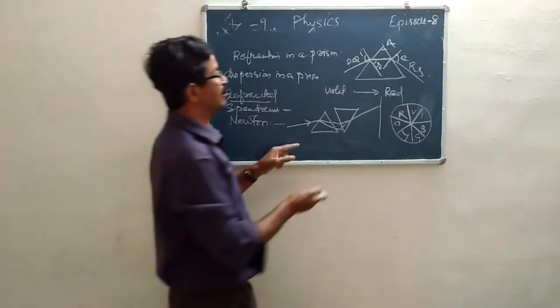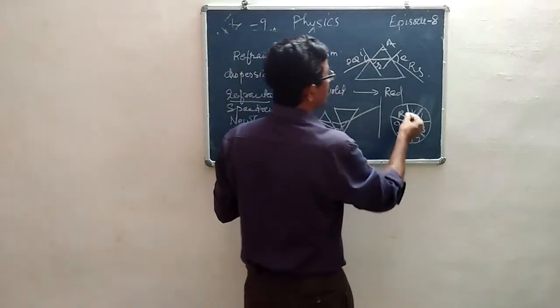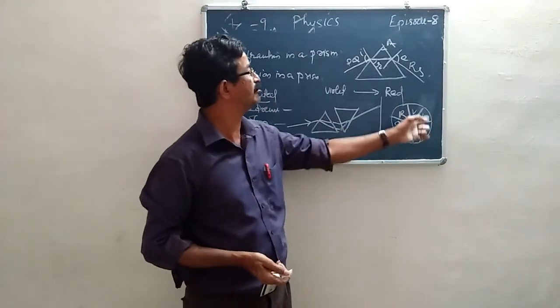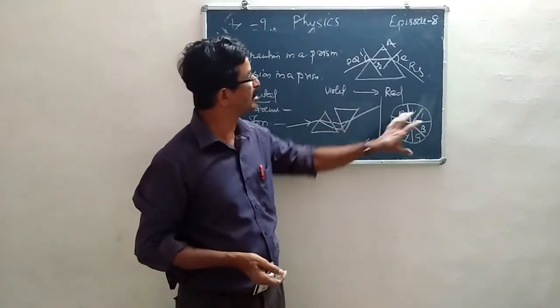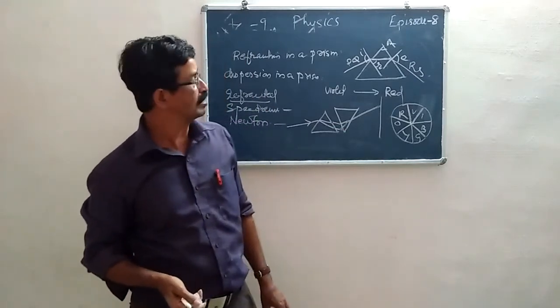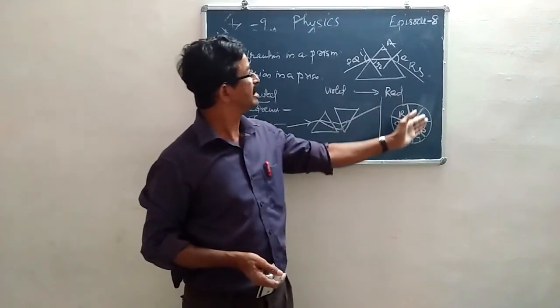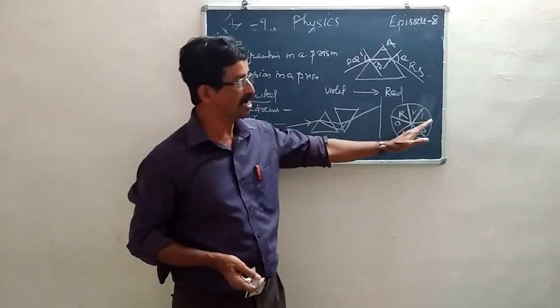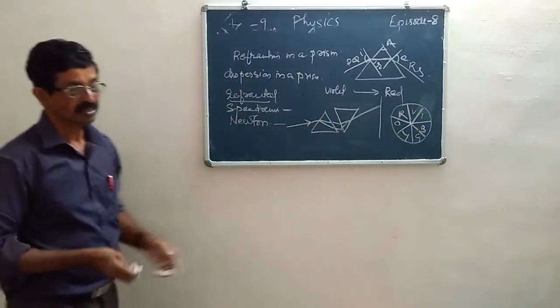Then he rotated it. At first he showed this surface with different colors. When he rotated it at a very high speed, he got a white surface. That means combining all these colors again gives white light. He proved this idea in this way also.